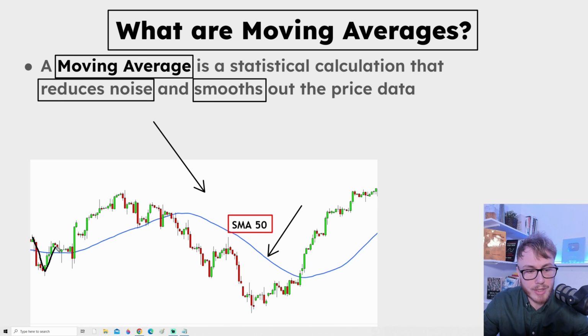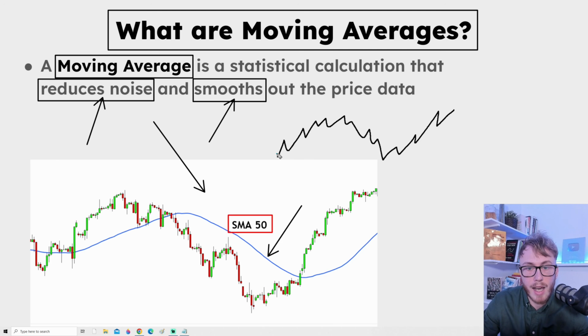But for now, what we need to understand is, if you take a look at the price here, you can see that the price moves up and down a lot in a very erratic fashion, while the moving average has a very nice and smooth price movement. And this is what we mean when we say reduces noise and smooths out the price. So instead of having price movements that look something like this, a moving average will be nice and smooth.